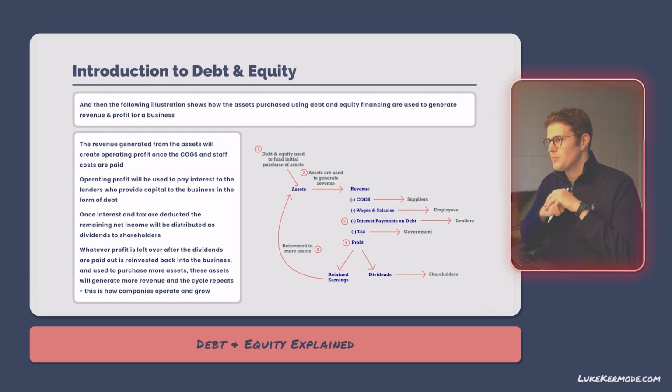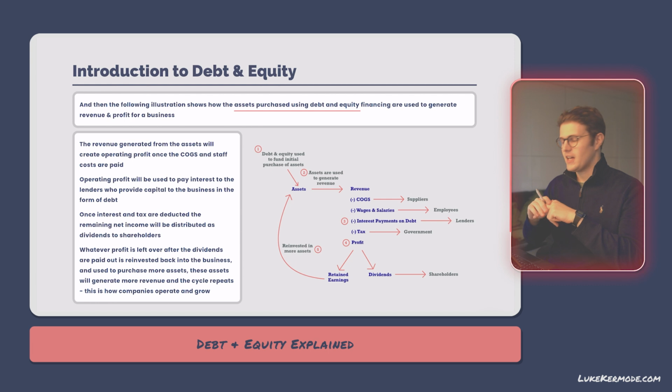So you have your balance sheet. We understand how assets are purchased using debt and equity, but how does that flow through to the income statement of the business? The assets that are purchased will generate revenue and profit for the business. I've got what looks like quite a complicated illustration in the bottom right-hand side of the slide, but I'll walk you through this.